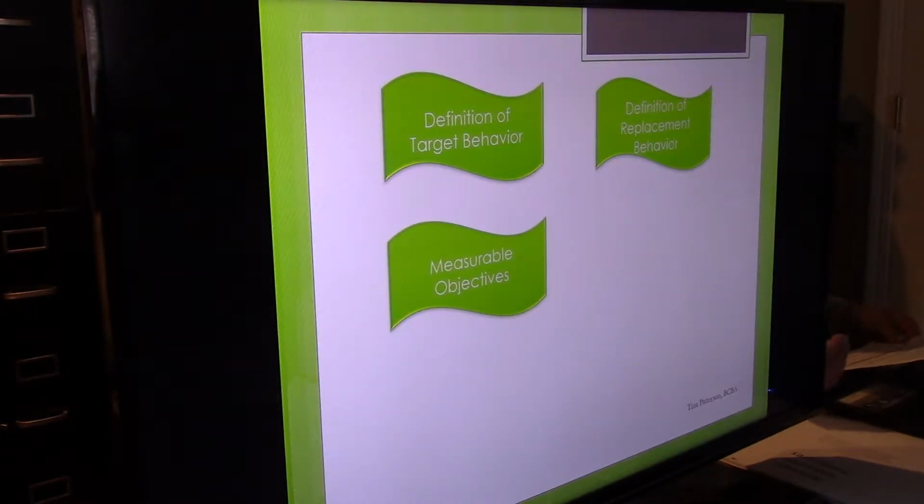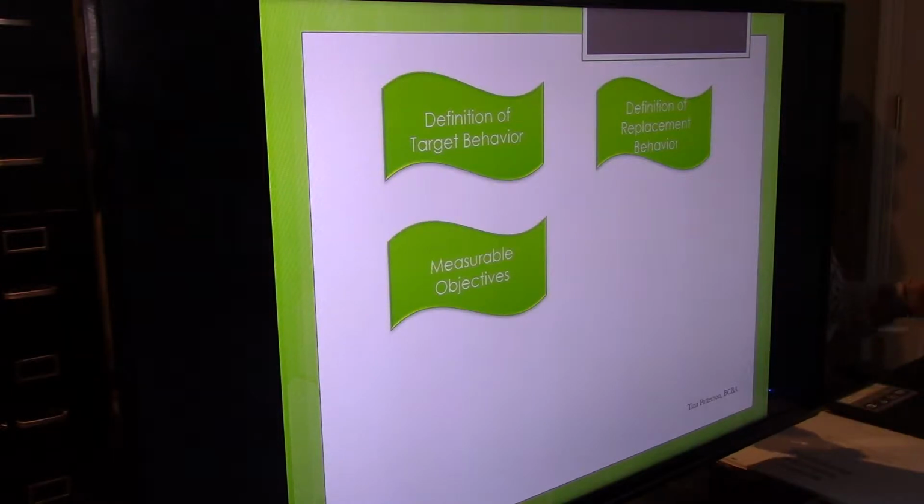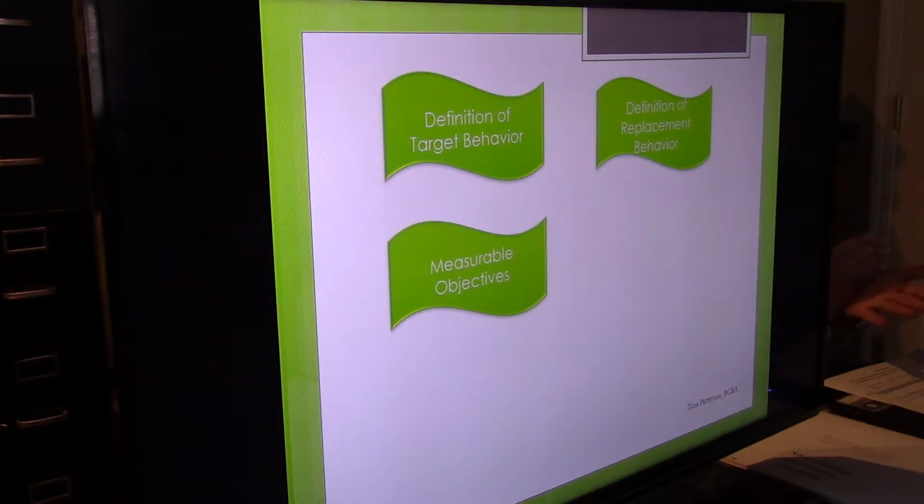The measurable objective: Billy Bob will follow simple commands with 80% accuracy for 5 consecutive days across 2 people. So it's measurable. He needs to follow this command 80% of the time for 5 days in a row. It's a specific criteria, specific amount of time, and across 2 people.